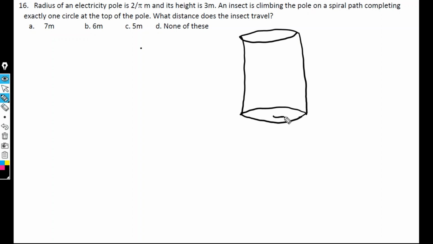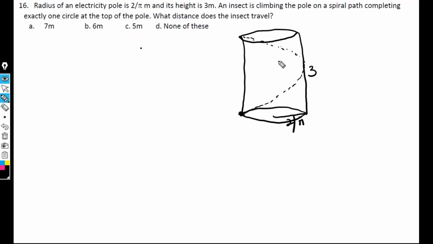Here the radius is given to you, it is 2 upon pi, and the height is given to you, 3 meters. An insect is climbing the pole on a spiral path, completing exactly one circle at the top of the pole. So let's say if the insect started from this point, it will just complete one spiral and reach the top of the pole.